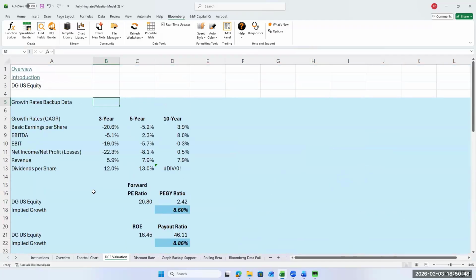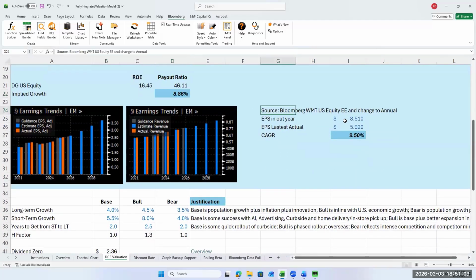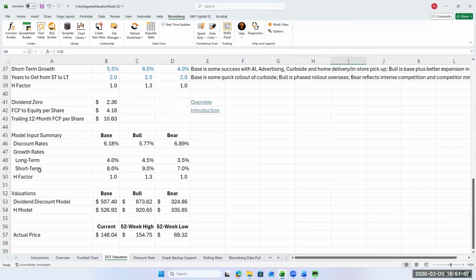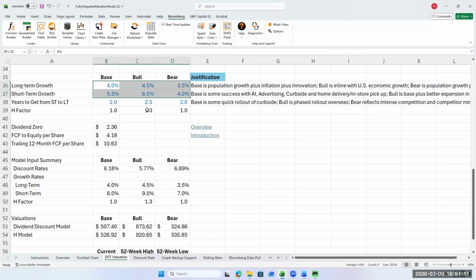At the top of this page, you get historical growth rates. If your firm has a PEG ratio, you get the growth rate implied in the PEG ratio. If your firm has a positive ROE, you get a payout ratio growth rate. You can go to the EE function in Bloomberg and see what's going on. But then bottom line, you just plug in your growth rates.